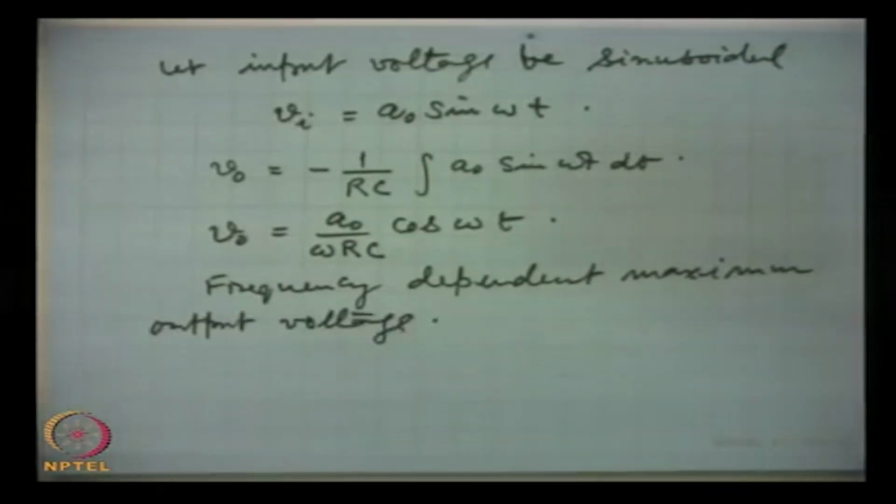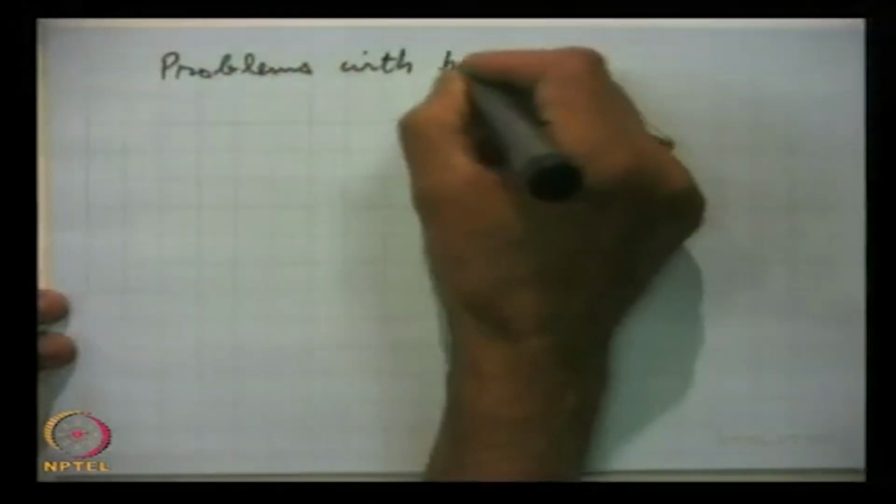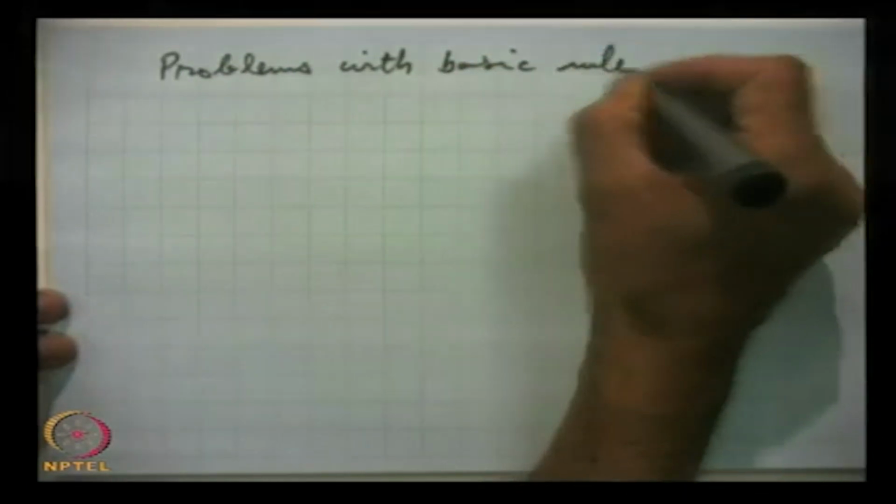Now let us continue with the integrator amplifier, and see what are the problems with the basic circuit which we have drawn simply by replacing RF by a capacitor C. Now there are two problems with the basic integrator.